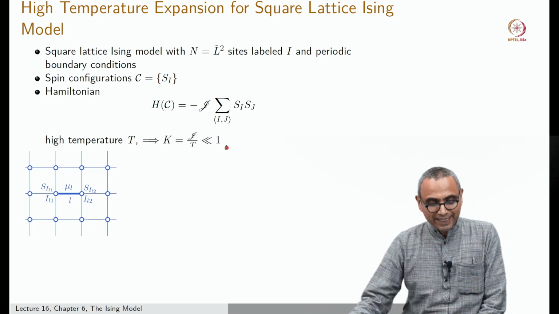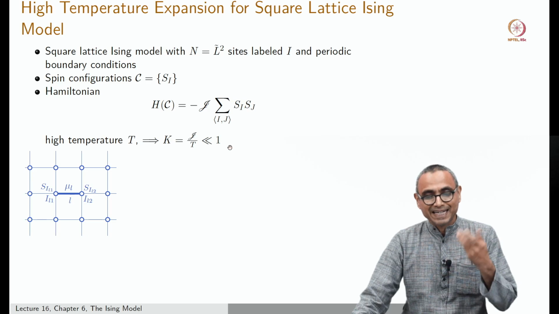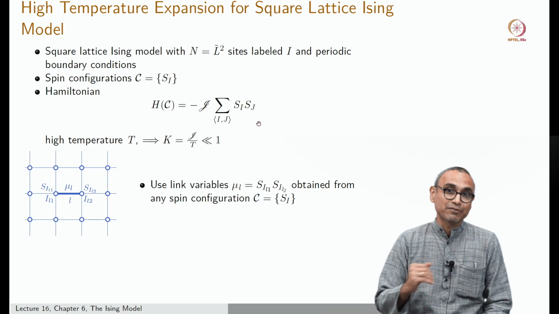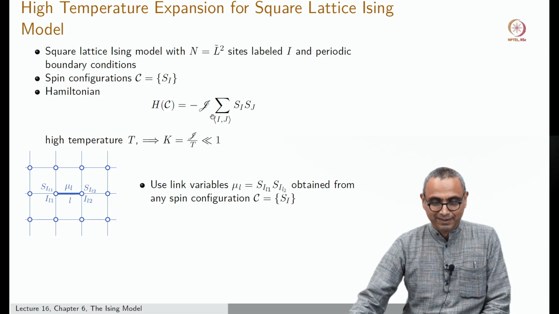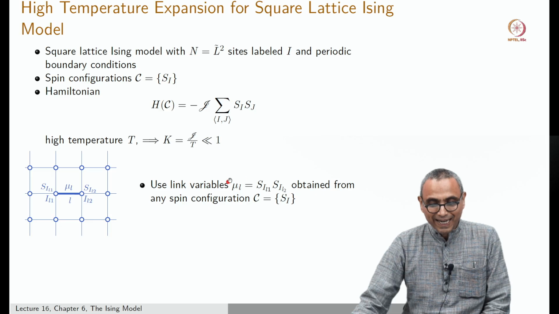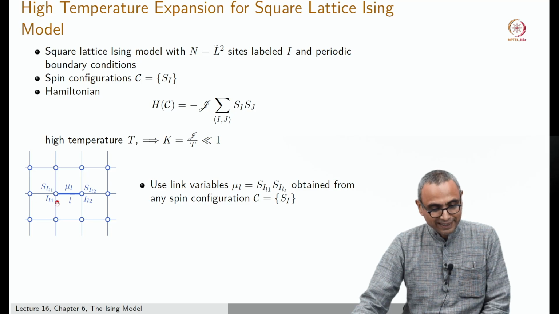I'm going to set the problem in a slightly different language than the sites. I will use link variables, which we have used many times in the course so far. If I look at the lattice, L is a link on the lattice, and this mu L is the product of the spin value on the left side and on the right side.